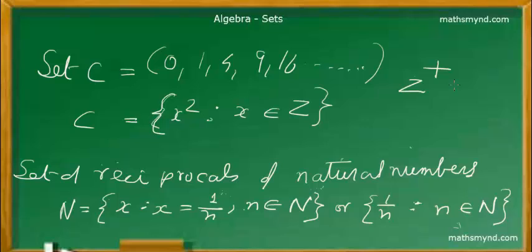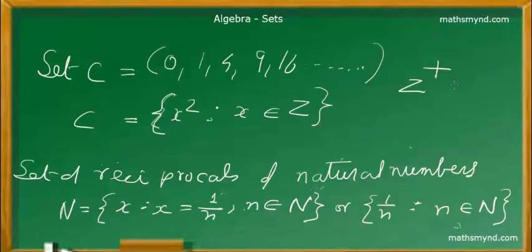Capital N has been chosen, so capital N is an arbitrarily chosen letter. We can put any other letter. The only point is that within the braces you ought to specifically point towards natural numbers. So set N is x such that, also the key character of x, that x is a reciprocal, that's x is equal to 1 by n, and n is an element of capital N, that's the set of natural numbers.